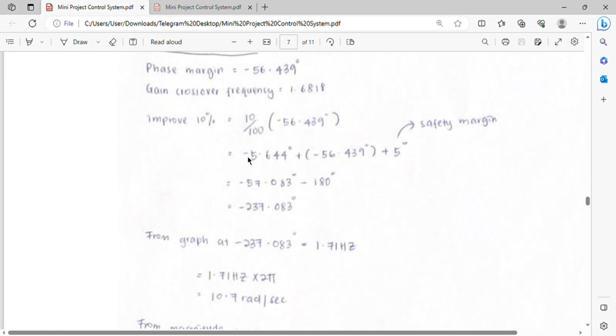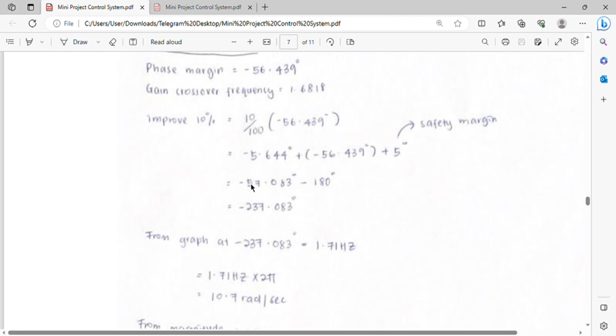We got negative 5.644, and then add the old phase margin negative 56.439, and then add 5 for the safety margin.